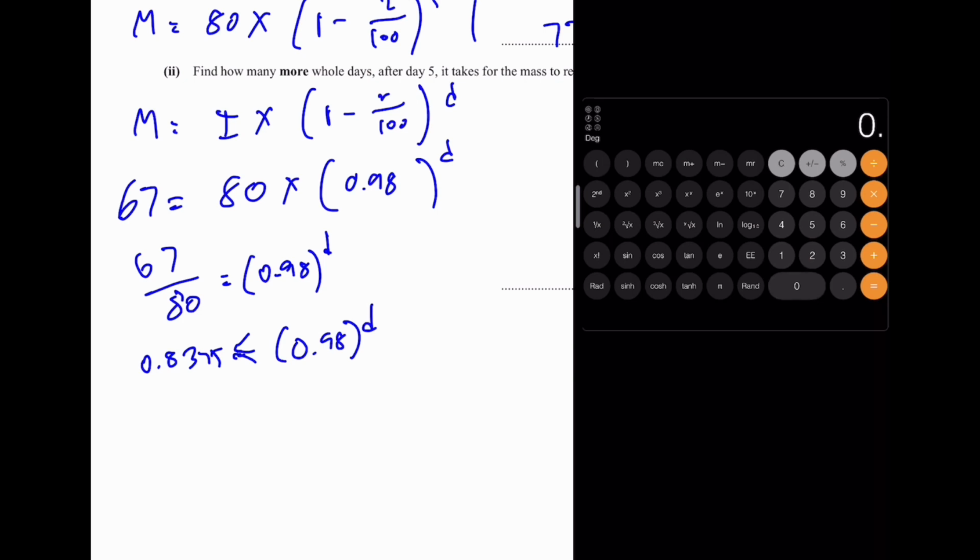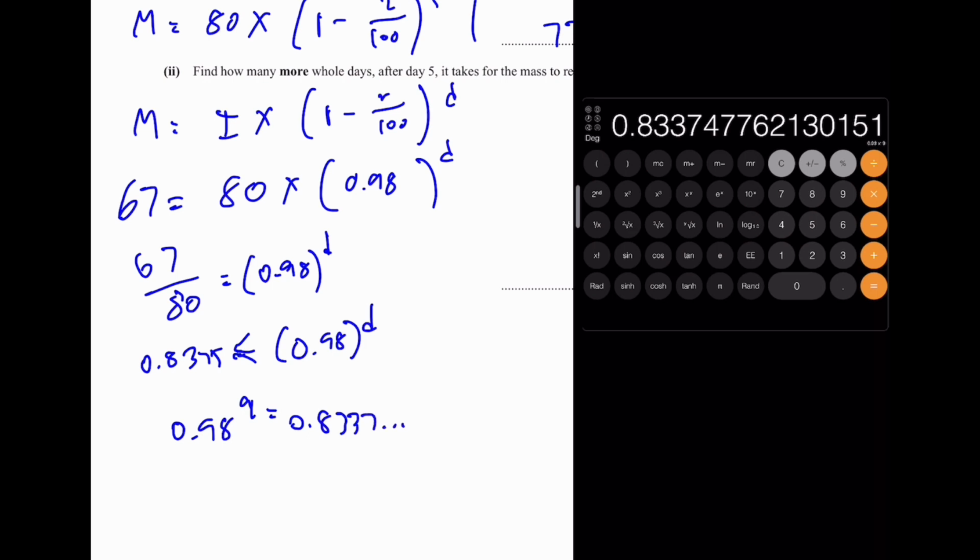Take a calculator, 0.98, and make it to the power of 9, we get 0.8337 dot dot dot, which means it goes on. So 0.98 to the power 9 is equal to 0.8337, which is less than 0.8375.